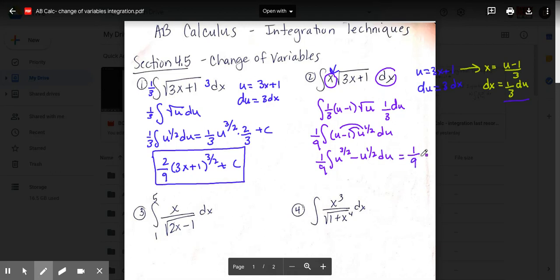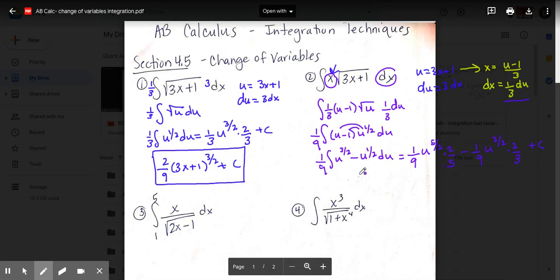And now we're going to integrate it separately. So it'd be 1/9 u to the 5/2 divided by 5/2, which is the same thing as multiplying by 2/5. Minus, the 1/9 also goes to the second part here, u to the 3/2 divided by 3/2, which is the same thing as multiplying by 2/3, plus c. And now we're just going to clean it up and plug our u back in.